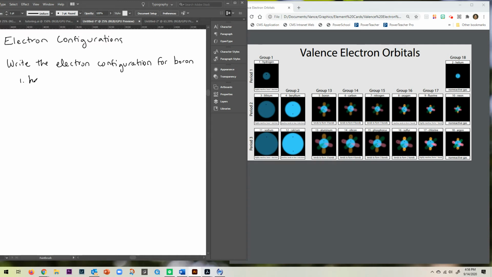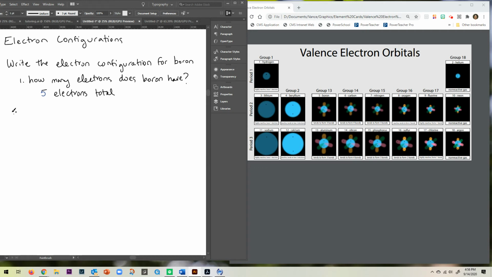Ask yourself, how many electrons does boron have? Well, we know in a neutral atom of boron, we would have the same number of electrons as protons. So the answer here would be 5. So in total, we should have 5 electrons.